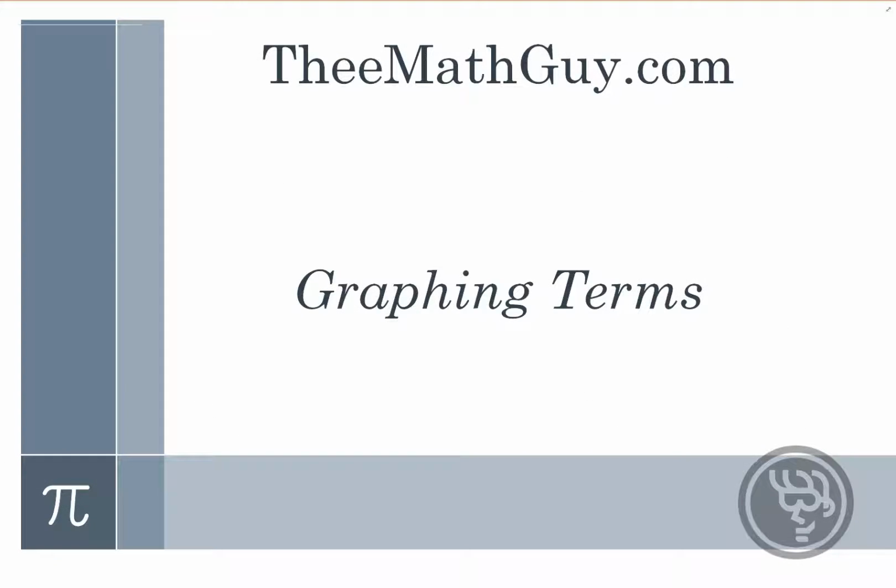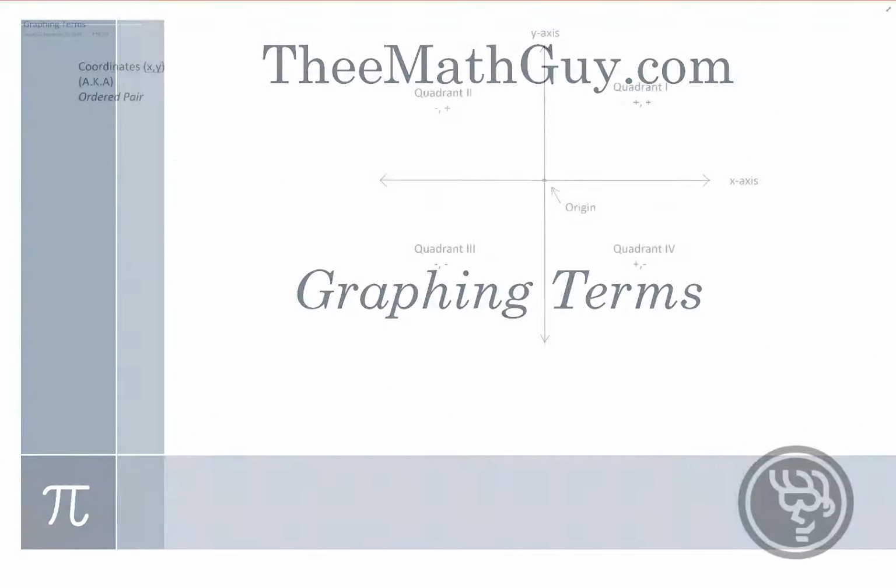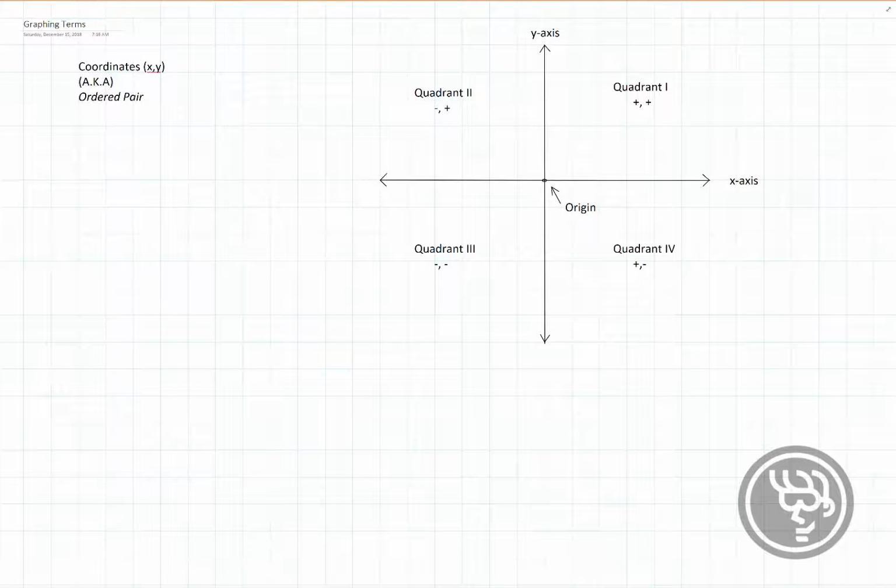Okay, so before we get started, let's go over a few graphing terms to help us through our journey. Here we have what we call the Cartesian plane, or graph as we know it. Going across, we have the x-axis going from left to right, and going up and down, you have what we call the y-axis.